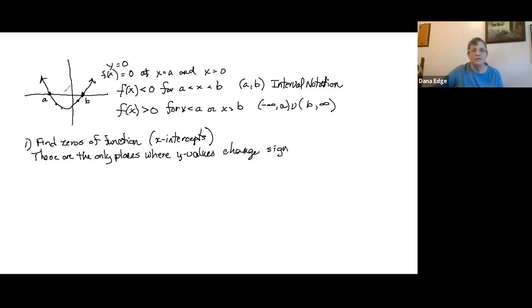If your y values up here are positive and your y values down here are negative, you know it had to have gone through the x-axis at some point. And the places where it goes through the x-axis are the only places where your consecutive y values can change from being positive to negative or from being negative to positive. So we find the zeros of the function, set it equal to 0, solve that equation.